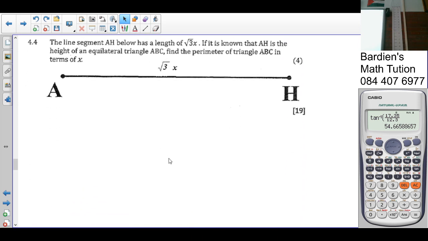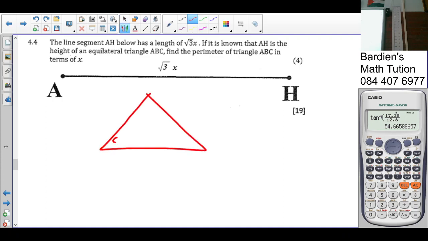Next, question 4.4. The line segment AH below has a length of root 3x. If it is known that AH is the height of an equilateral triangle ABC, find the perimeter of ABC in terms of x. So an equilateral triangle, this is what an equilateral triangle is. It's all 60 degrees. And all those lengths are equal.